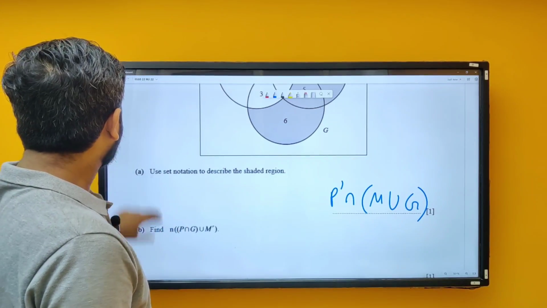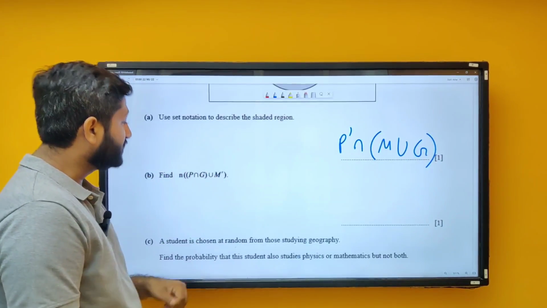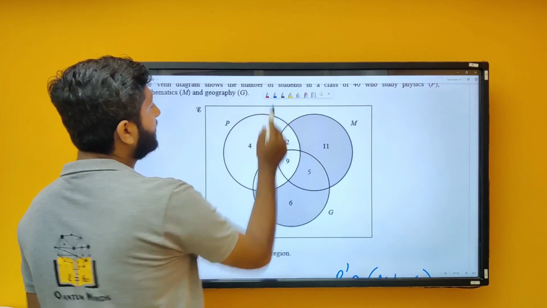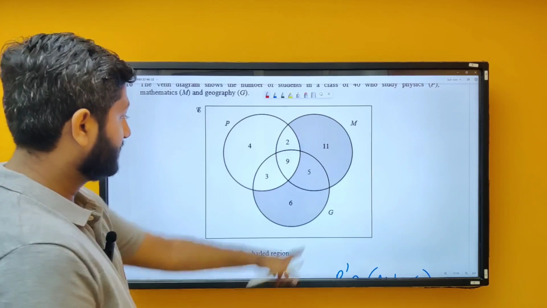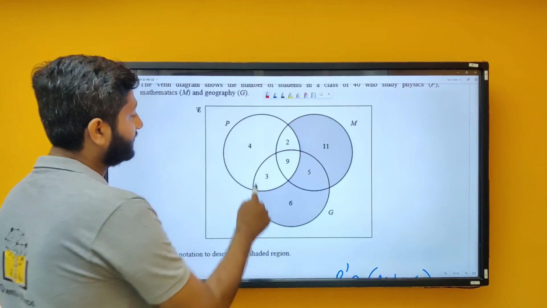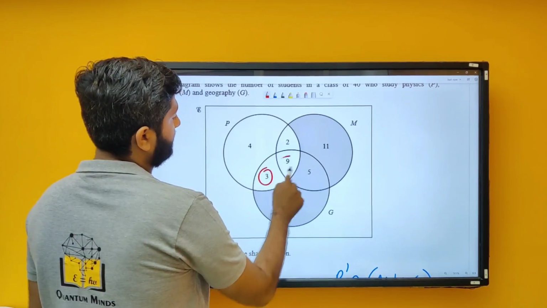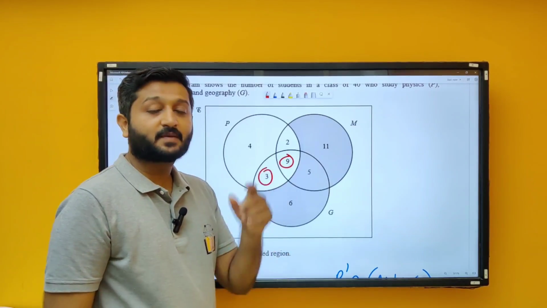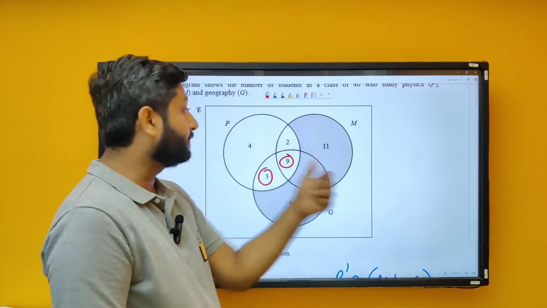Next, find P intersection G union M dash. So I have P intersection G, I think this and this. Its union, P intersection G, is this region. Now I'm supposed to find its union with M dash.